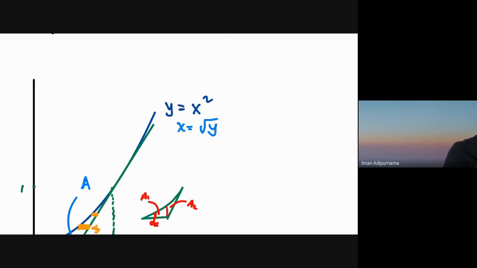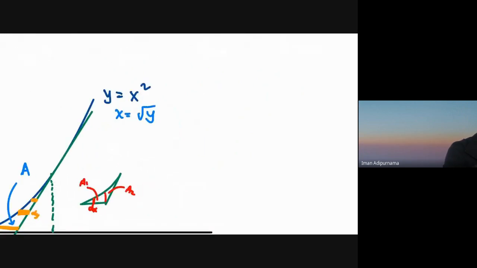And we need to find first the tangent line. The tangent line is, we need to find the first derivative at x equals 1, which is 2. So this will be the slope.